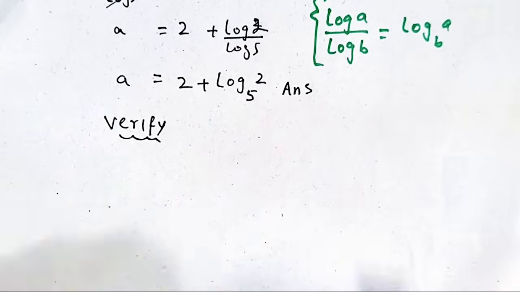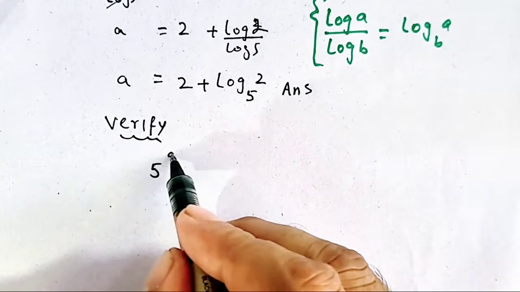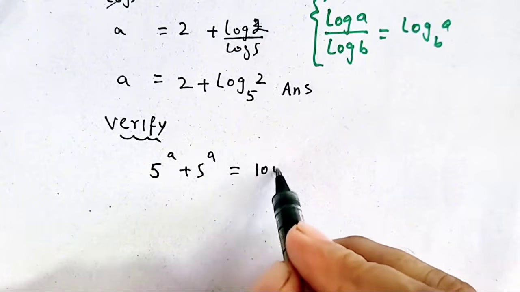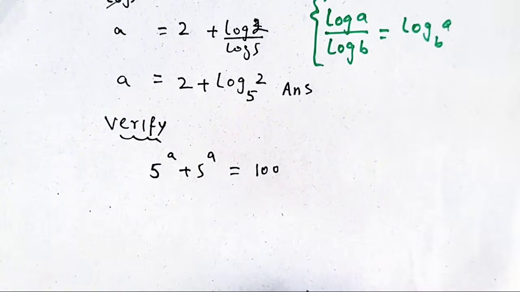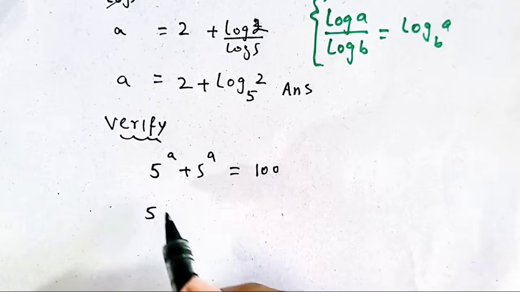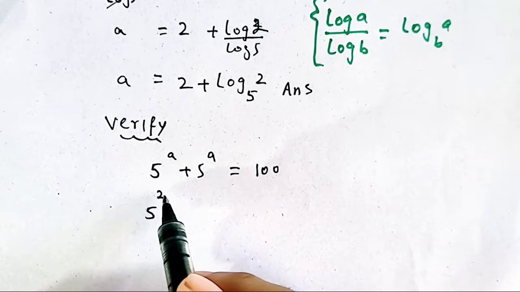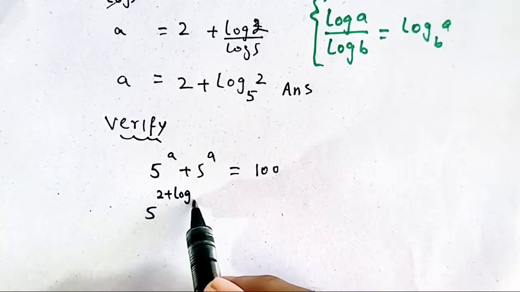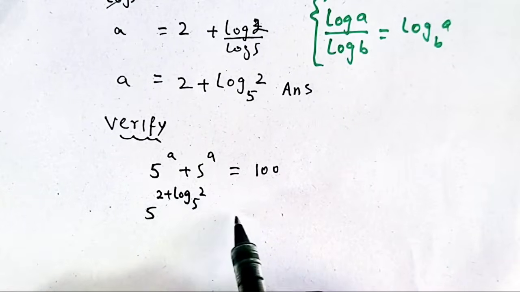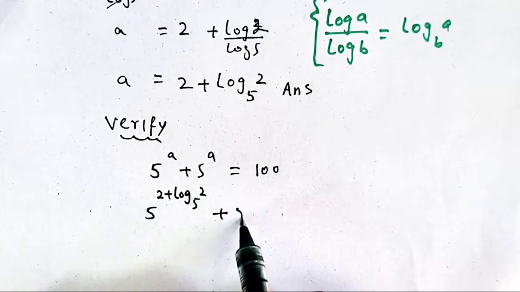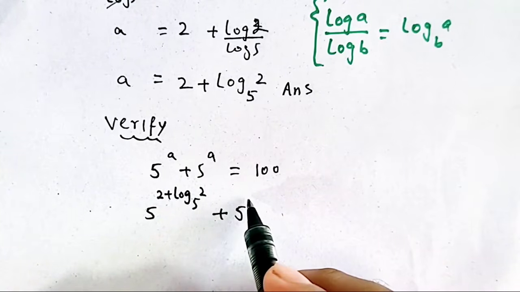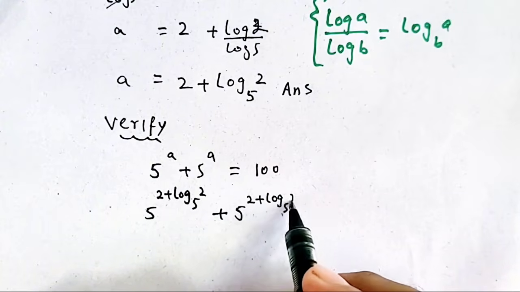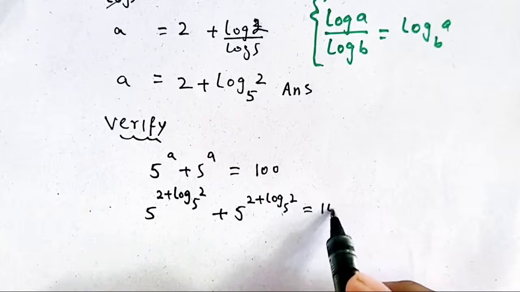So our question is 5 raised to a plus 5 raised to a is equal to 100. So 5 raised to power 2 plus log base 5 of 2, plus 5 raised to a, a is 2 plus log base 5 of 2, is equal to 100.